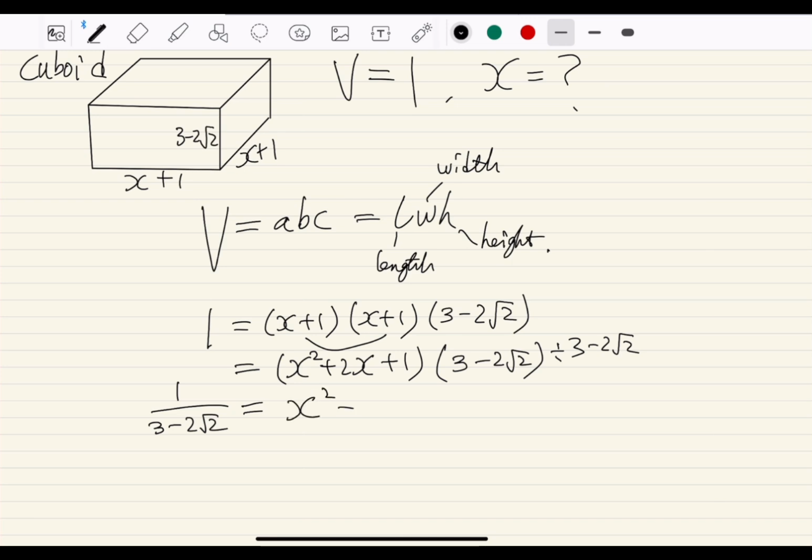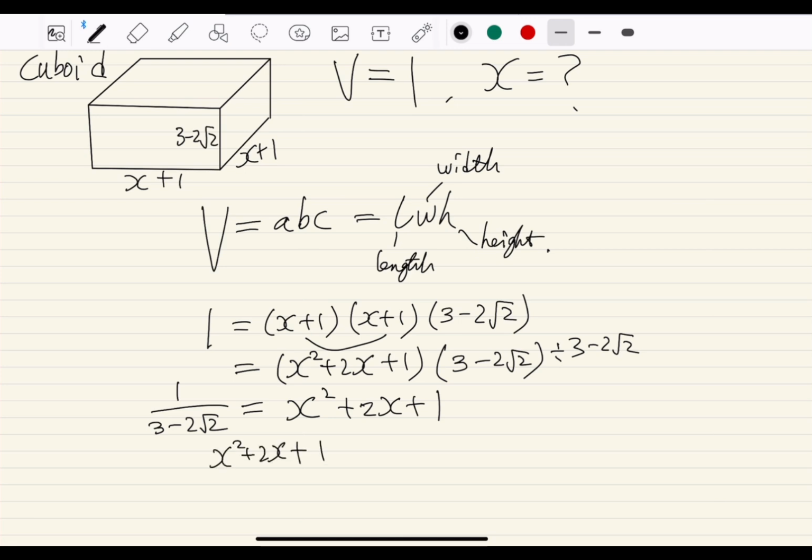Now we can rationalize the fraction. I like to keep all the unknowns on the left-hand side and leave 0 on the right, but we can just do it without any fuss. So x squared plus 2x plus 1 equals 1 over 3 minus 2 root 2.